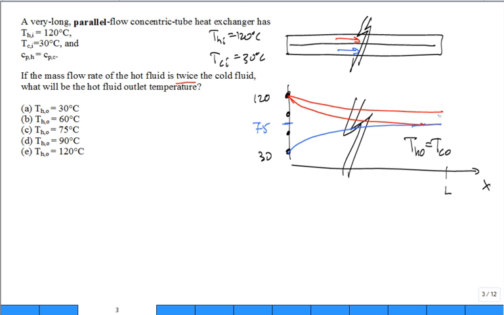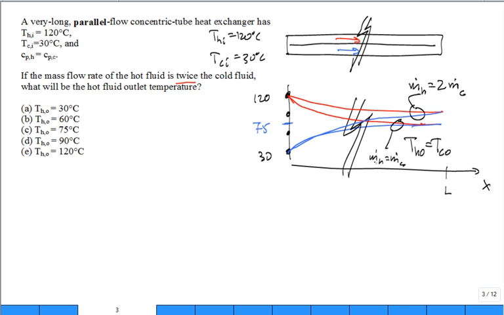So actually, the cold fluid's going to come out warmer in the case where the mass flow rate of the hot fluid is twice the mass flow rate of the cold fluid. In these two cases, the mass flow rate of the hot fluid was equal to the mass flow rate of the cold fluid. True?